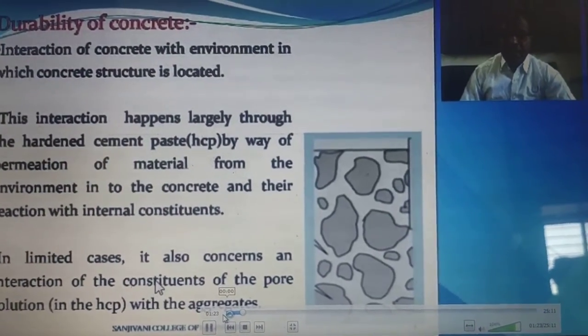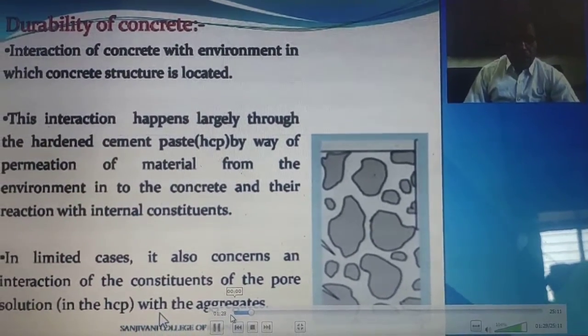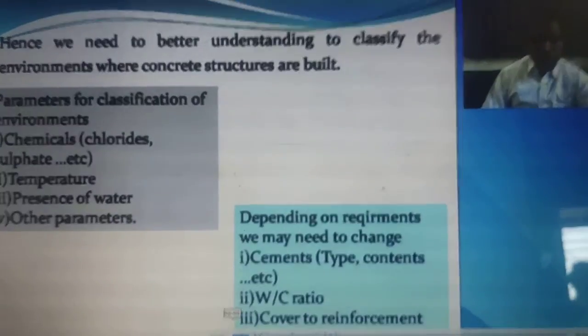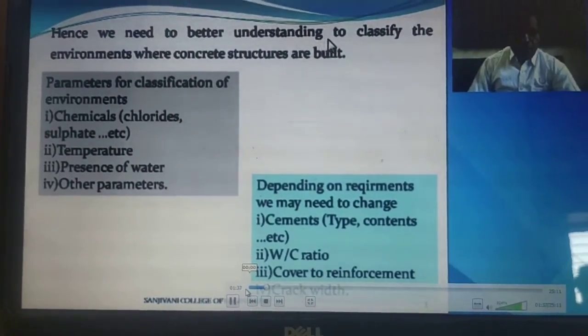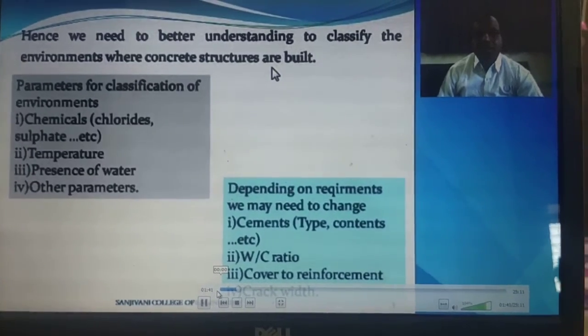In limited cases, sometimes these constituents may react with the aggregates also. Hence we need a better understanding to classify the environments where the concrete structures are built.